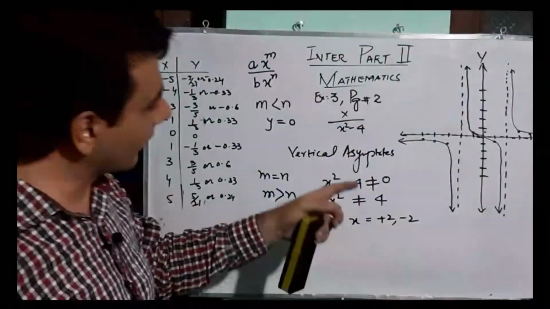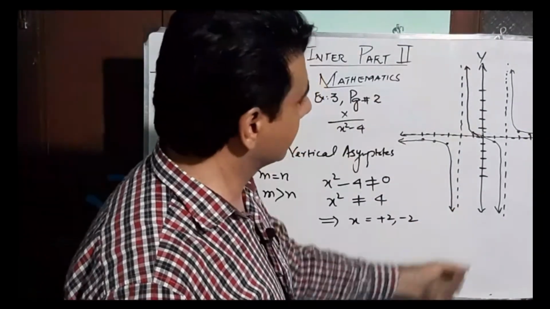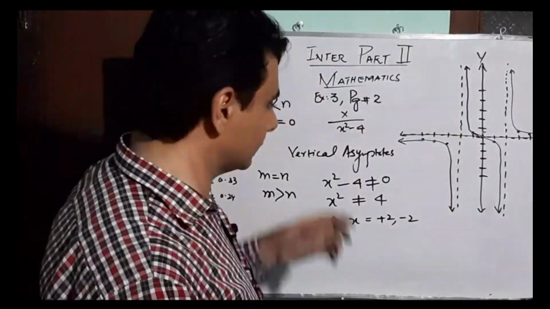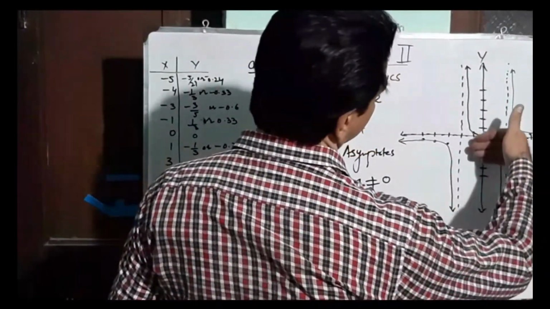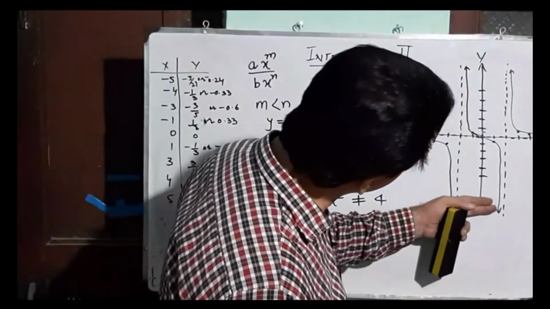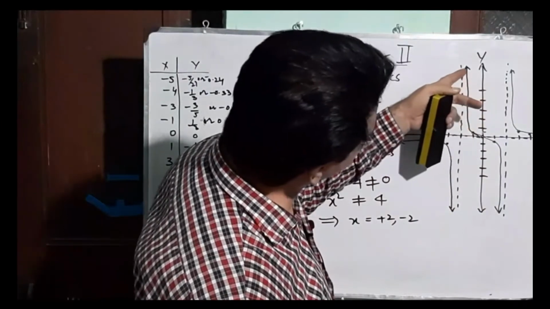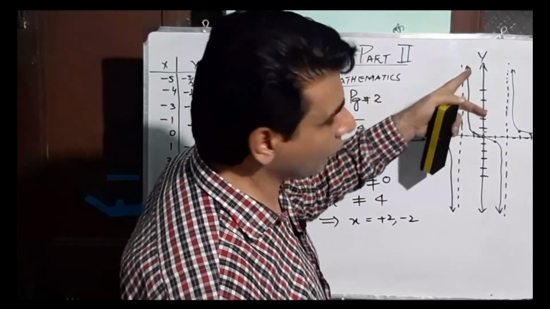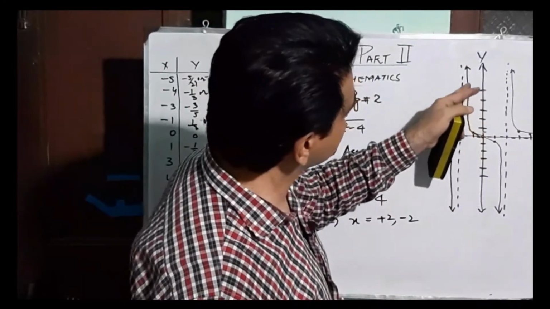Now to determine the range, we will consider only the y-axis. For moving from minus infinity to positive infinity, we will start from here and move upward. So here it will never end. The arrow shows it will go to infinity, increasing values.